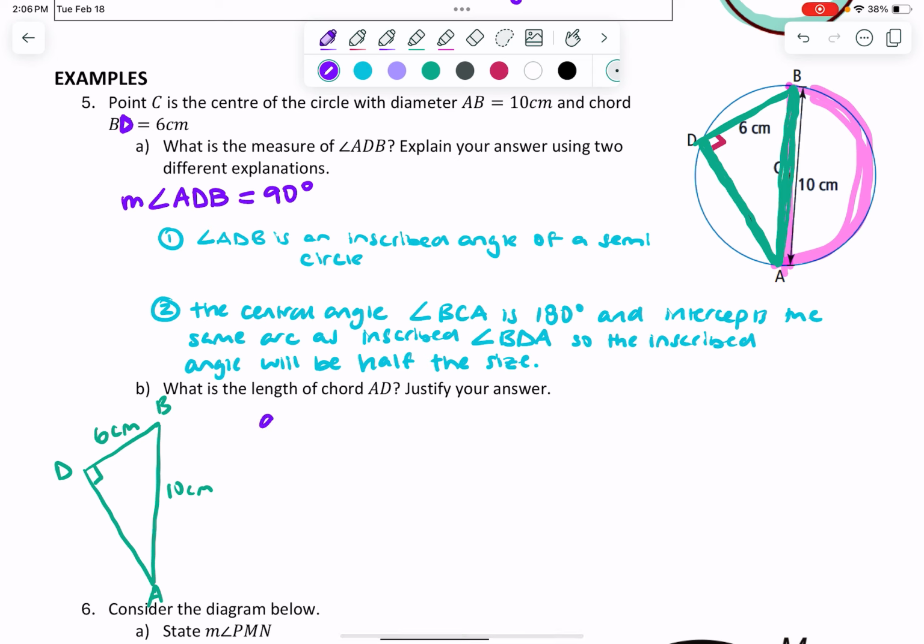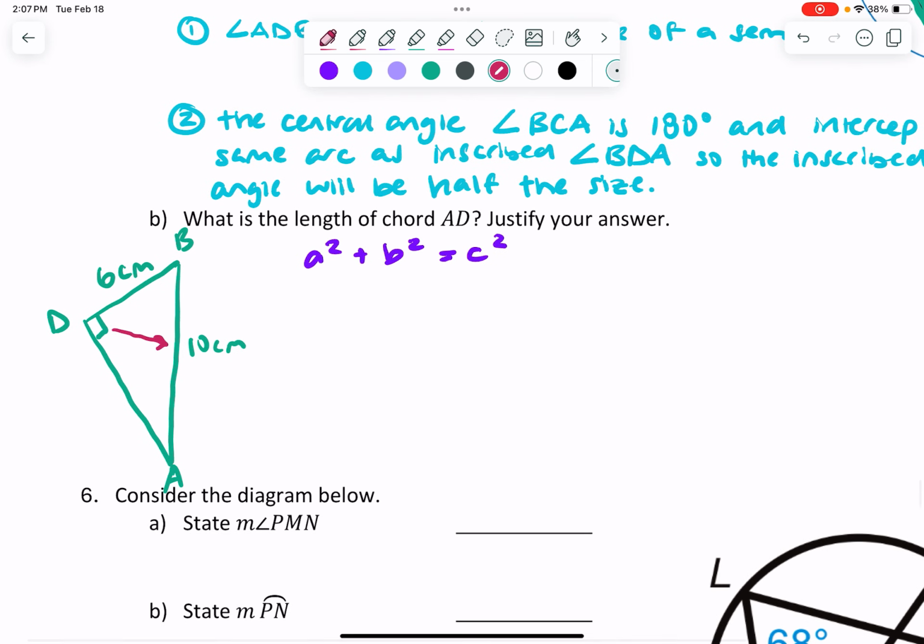Pythagorean theorem: a squared plus b squared is equal to c squared. I need to make sure my hypotenuse goes in the spot of c, and my hypotenuse is always located across or opposite from my 90-degree angle. So I know c has to be 10, which means a or b can be the 6 and the unknown.